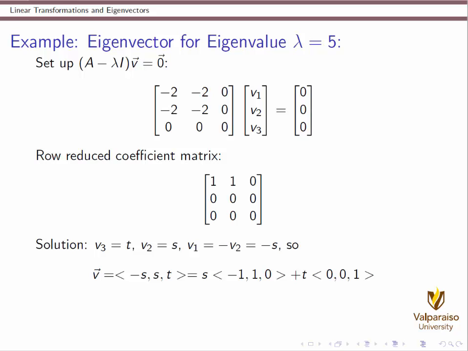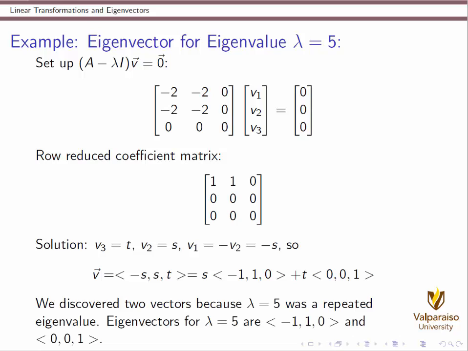Now we can unwrap that into vectors, which are each multiplied by s and t. And what happens here is now we've discovered a pair of potential eigenvectors that correspond to the eigenvalue lambda equals 5. And so lambda equals 5 was repeated. It had multiplicity 2, and we came up with 2 eigenvectors to go with it. That's pretty cool.